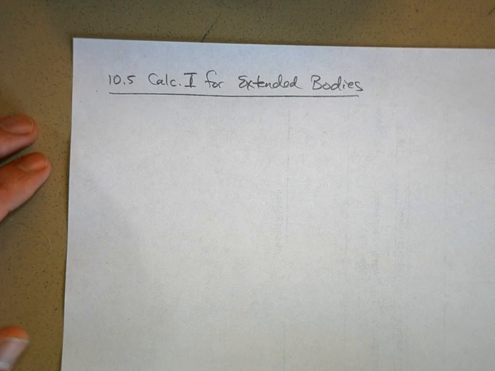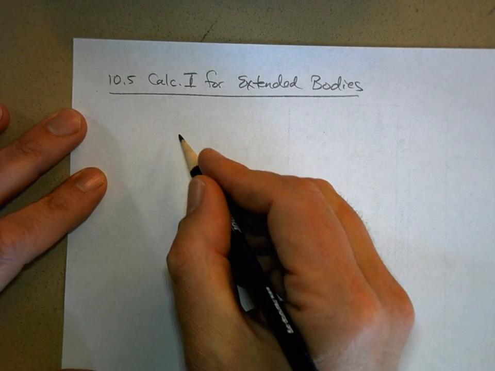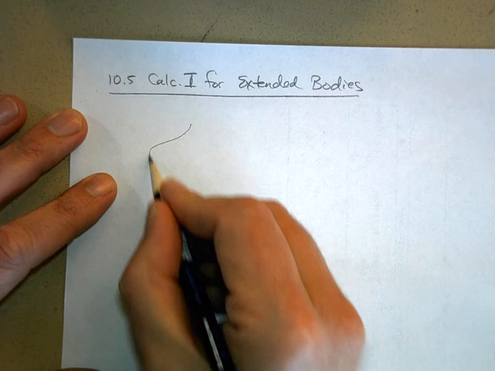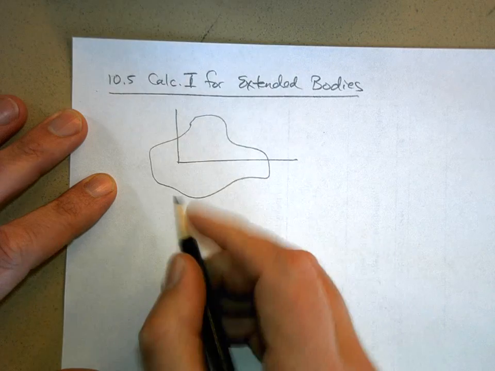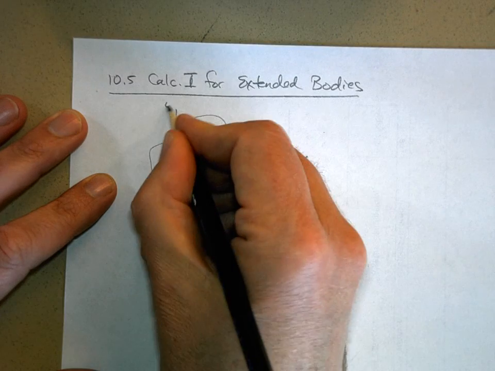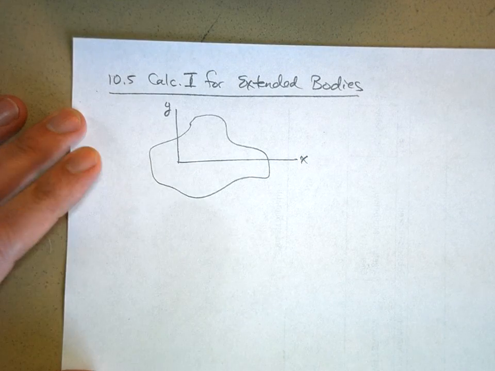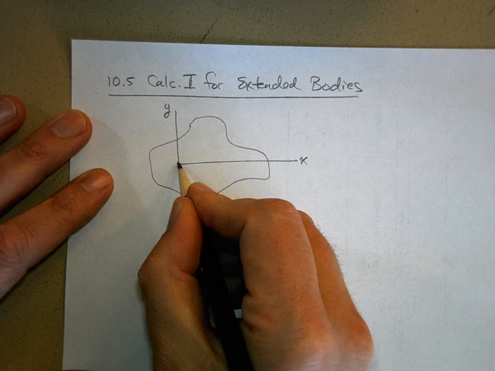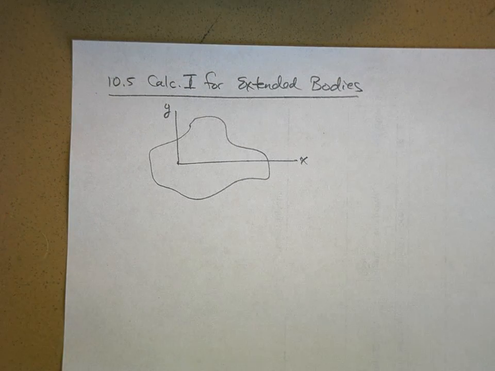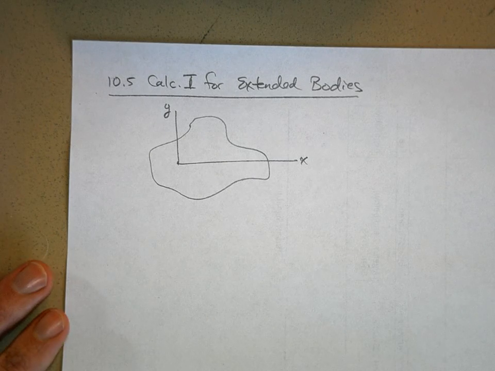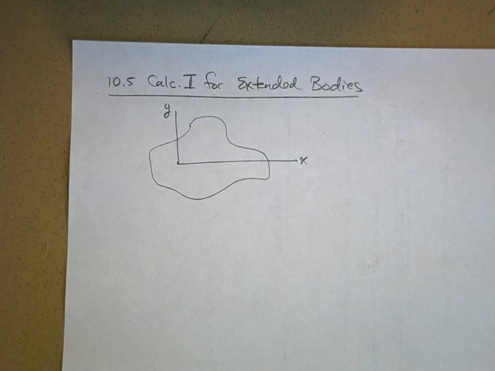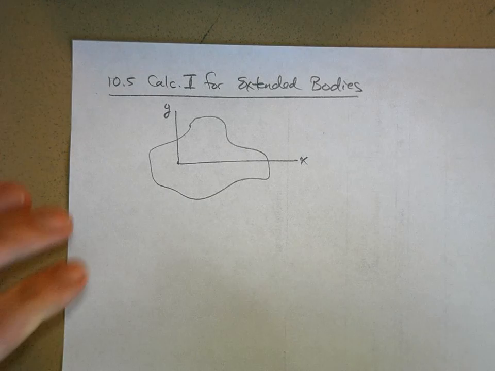So let's say I've got some kind of blobby shape, and I'll put my origin right here, and this thing is rotating. Always put your origin at the axis of rotation, because it just makes everything easier. And in all the problems we're going to be doing in this class, the axis is fixed. So anyway, it's a good place to put it.